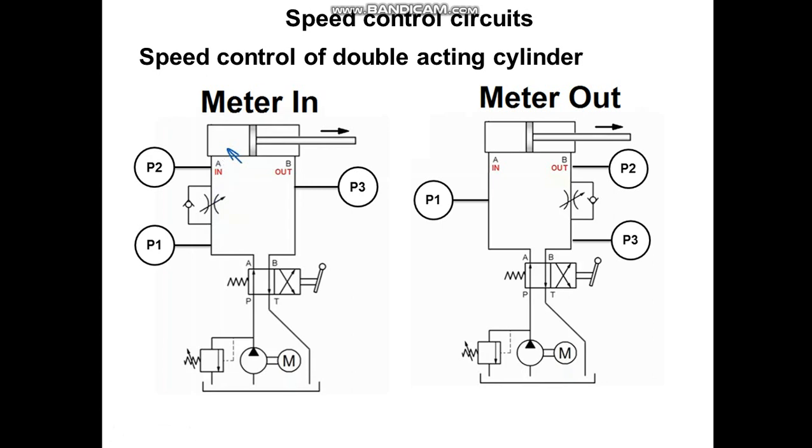Now let us assume that this check valve is not present. Only the flow control valve is placed in the primary line. This flow control valve is nothing but the same as a tap in our house.